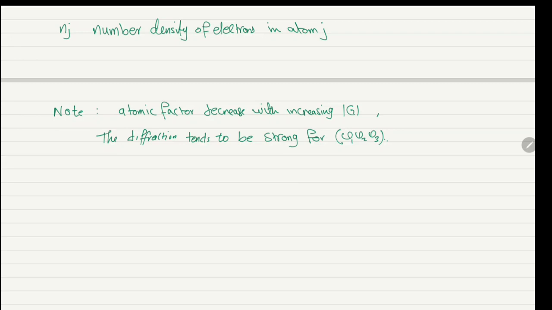Now let's find the structure factor for the cesium chloride structure. As we remember, cesium chloride is a simple cubic crystal, although it looks like BCC, but it is simple cubic. In this case, the atomic positions for cesium and chloride are as follows.